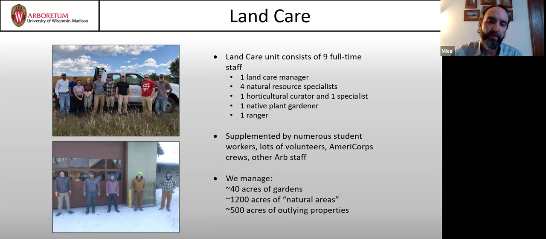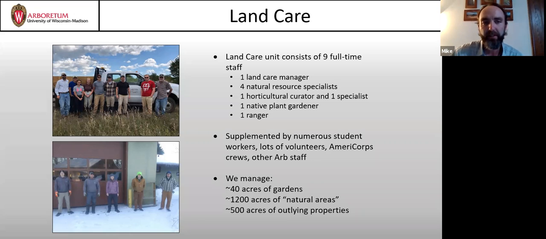Then there's 4 natural resource specialists that focus on invasive species management, prescribed fire, seed collection, taking care of what we call the natural areas: the prairies, the oak savannas, the woodlands, the wetlands. And then we have 1 curator of the horticultural collection and 1 specialist that works with him specifically, and they take care of the tree and shrub collection.